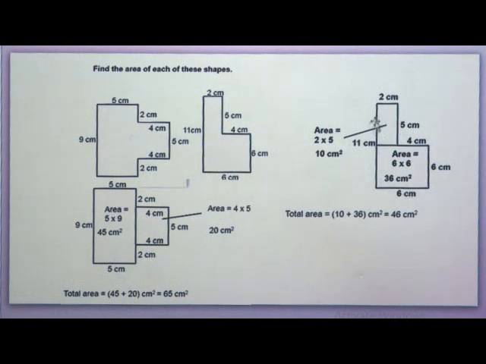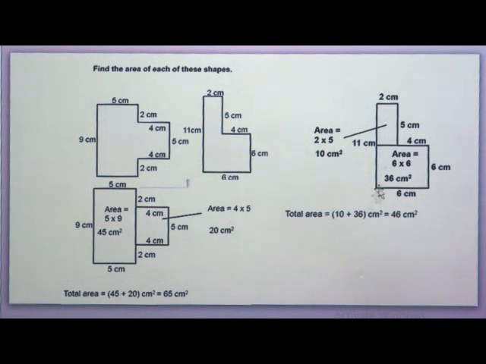Now, you had to find out the area of this figure by splitting, and the area of this figure also. Now, you can do the sum of this. So, total area is equal to 10 centimeter square plus 36 centimeter square. You can do the sum, that is nothing but 46 centimeter square.